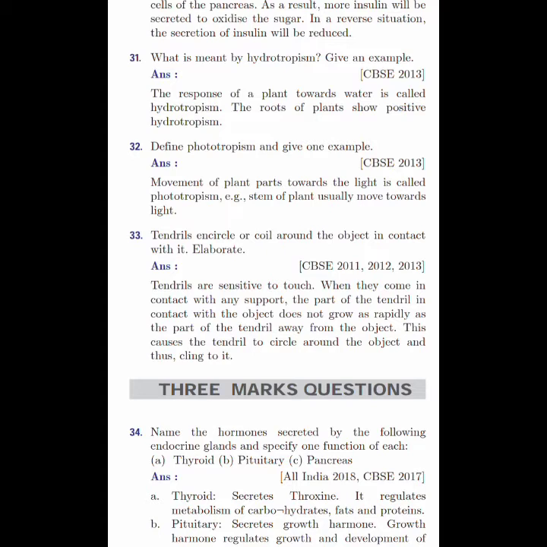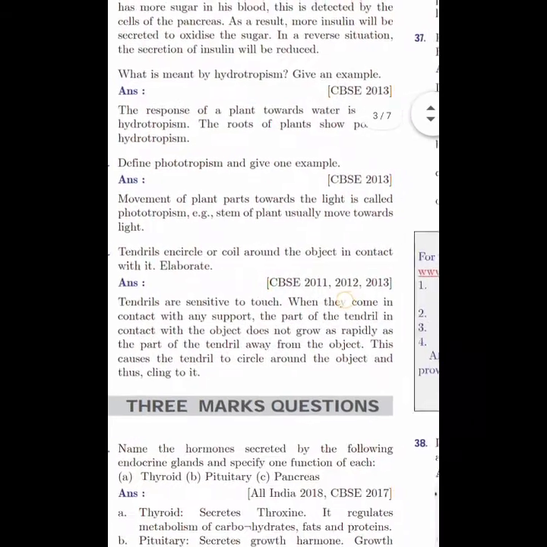So this causes the tendril to circle around the object and cling to it. So you have seen many climbers which have tendrils like pumpkin or cucumber or pea plant. Okay, so you can see how tendrils take support of another plant and they grow, or support of any stick or any wall. Okay, you can just observe it.